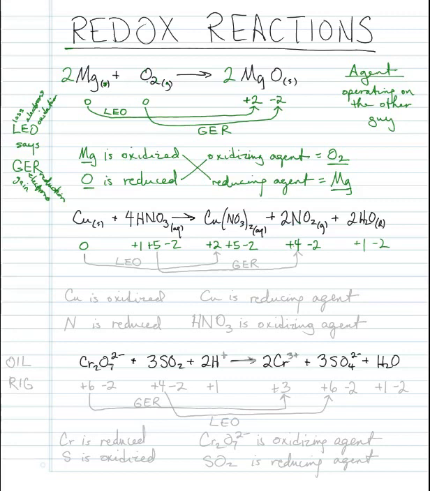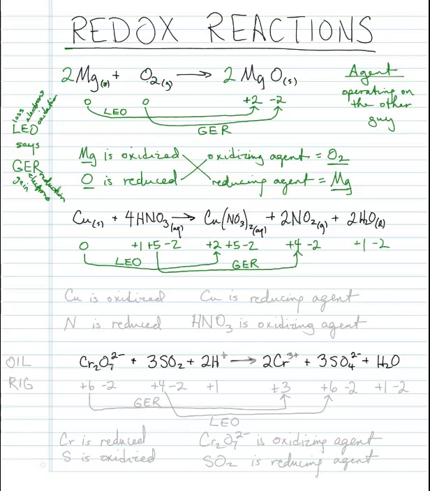One that is oxidized. In this case, it looks like that's copper, because copper went from 0 to +2. That's losing electrons, so that's the LEO part. And one other element has to be reduced. So if we look through our oxidation numbers here, we find out who else has changed their oxidation number, and it's nitrogen. So nitrogen in this case has gained electrons and is reduced.